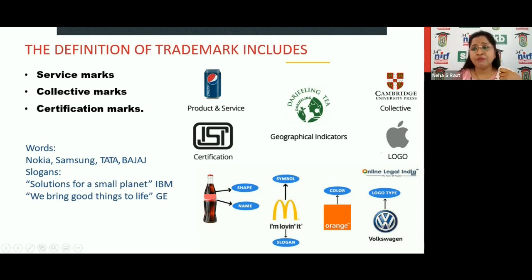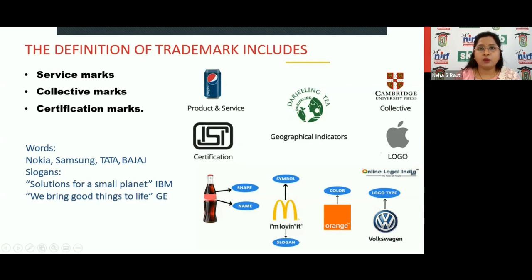This is again a mark. This is the collective mark that Cambridge University Press is showing, and the logo of Apple, right? So this is protected under trademark. Again, as I have told you, different words, Nokia, Samsung, Tata, Bajaj, can be protected in this particular format. And again, slogans like IBM's, Solutions for a Small Planet.